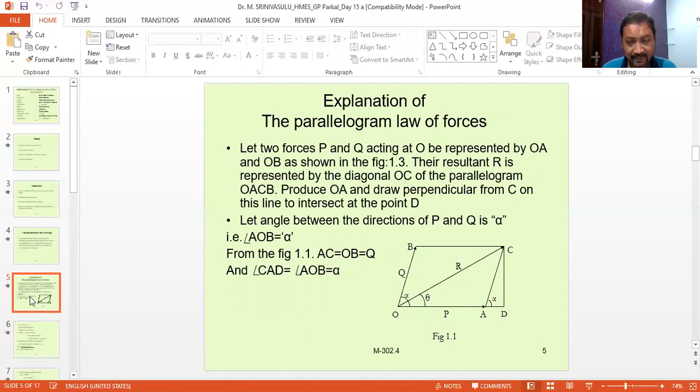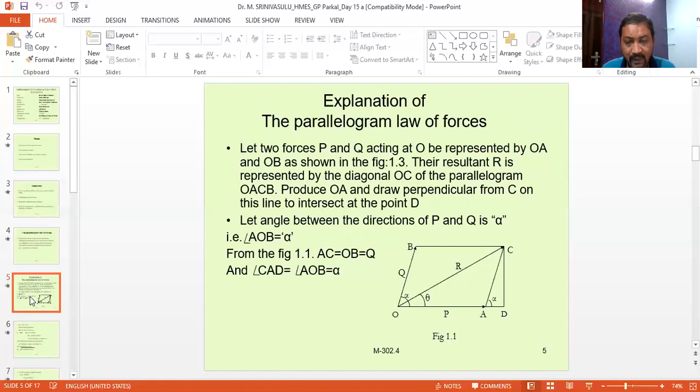P is represented by the horizontal side of the parallelogram and Q is represented by the OB side of the parallelogram. Here Q makes some angle alpha with P.